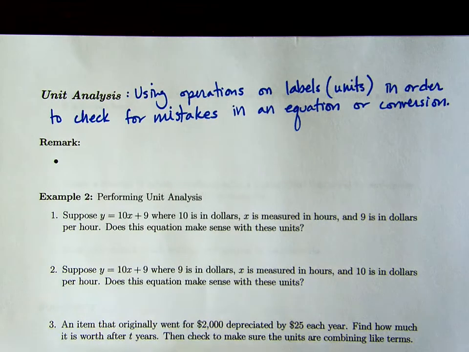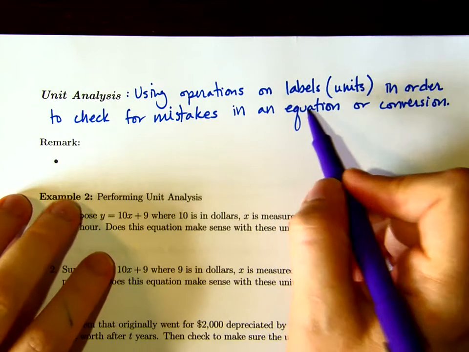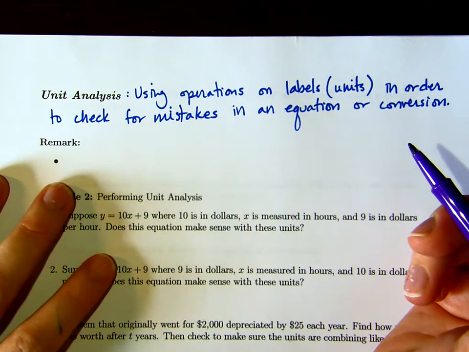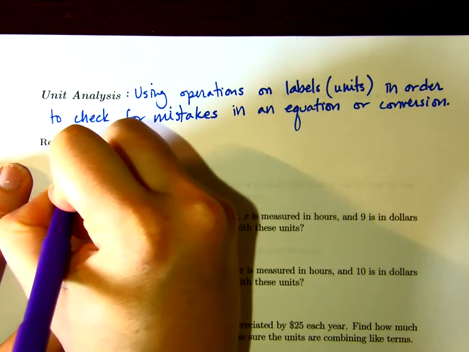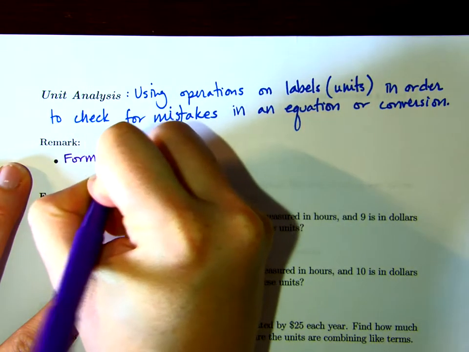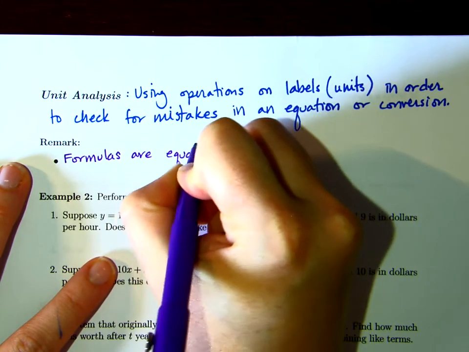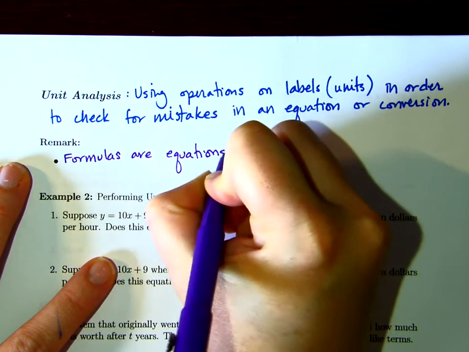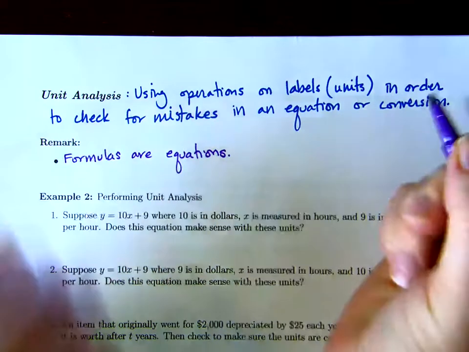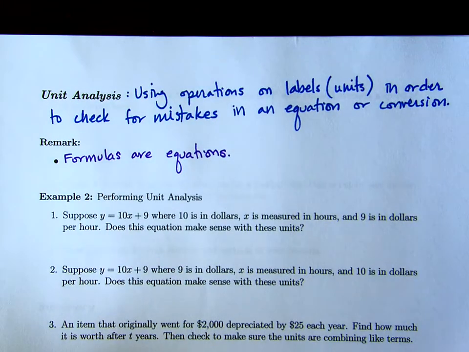So I do have another quick remark here. First, formulas are equations. Okay, so that's my first quick remark, but I'm going to tag into that you have seen some of these.